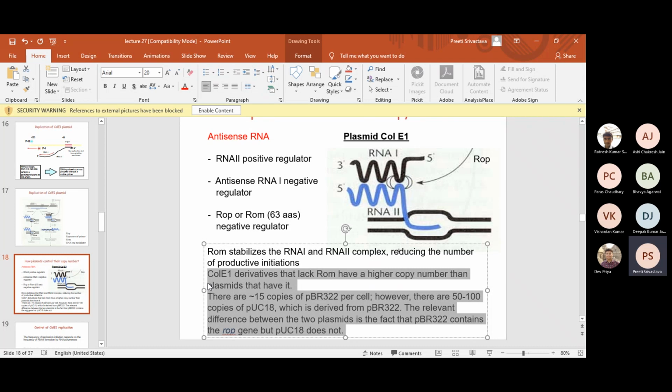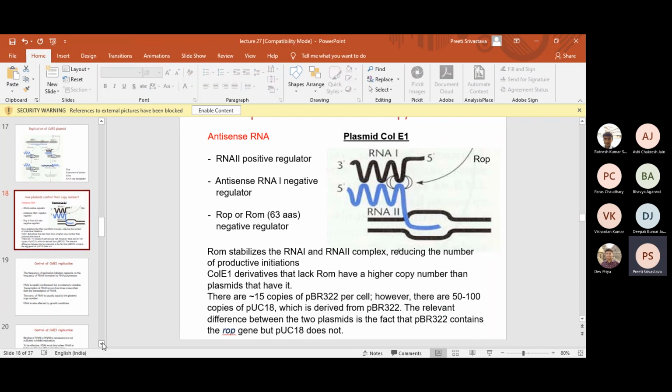Both are derived from pBR322, but one contains the ROP gene and one doesn't. So this ColE1 replication explains how antisense RNA can help in regulation of replication. Okay, so let's see now.